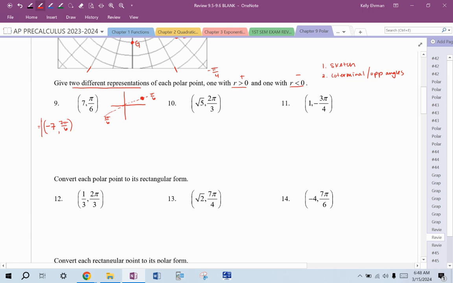So here's one representation. So I've got r negative. Now I just need r positive. So if I want r positive, I just need to face this pi over 6 angle again. So think about how else you can do that. You can do that by rotating around a negative angle. Instead of going up pi over 6, you could go down and around negative 11 pi over 6.